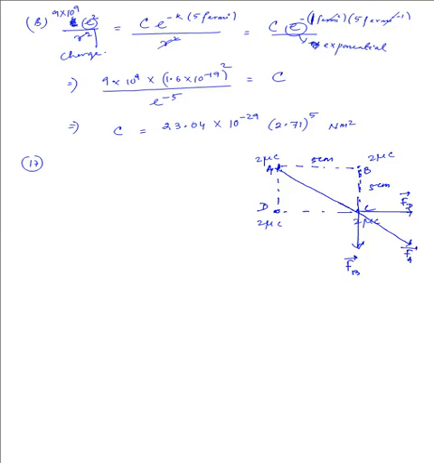And obviously the distance over here is different, so the force FA will be different in magnitude as compared to FB and FD. So as far as the principle of superposition is concerned, the net force acting on the charge at the point C will be equal to the vector sum of the forces FB, FD and FA.